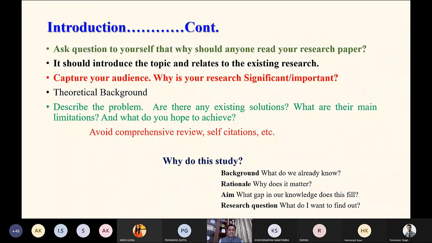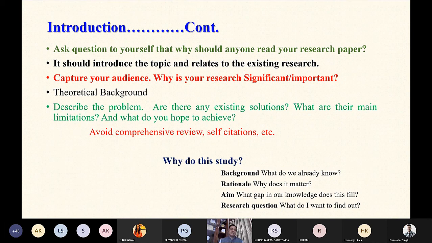So the introduction section must talk about the topic and related recent studies that have already been done. In this case, one suggestion for all researchers: we have to avoid using self-citation.